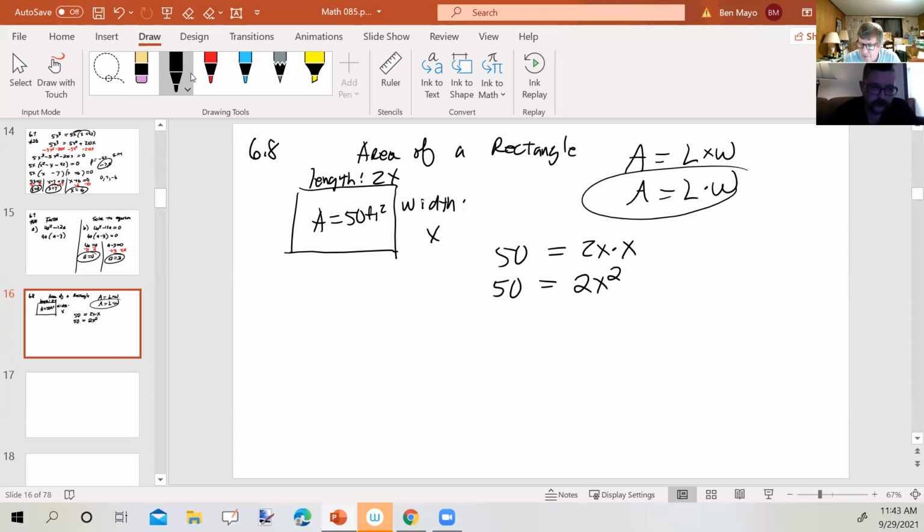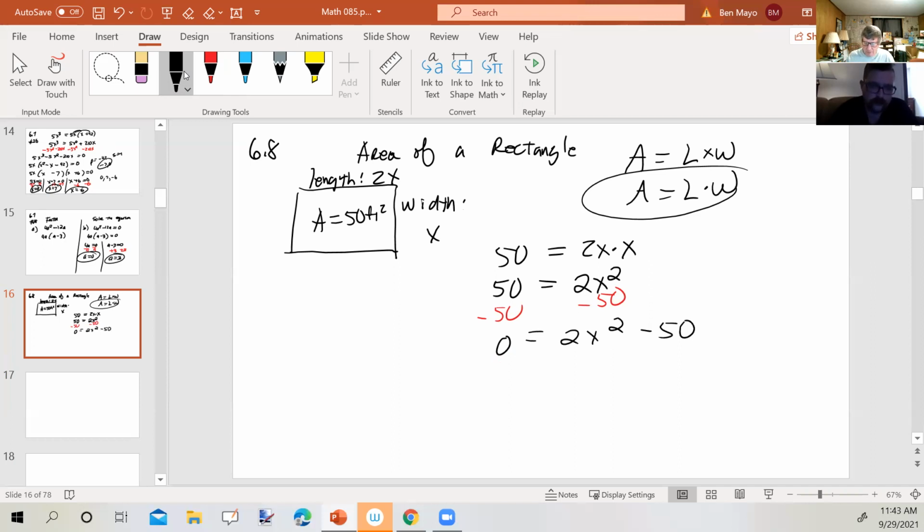My leading term, in this case my highest powered term, is 2x squared. It already has a positive coefficient, so I'm going to move everything over to the right side of the equation. So I'm going to get 0 equals 2x squared minus 50.